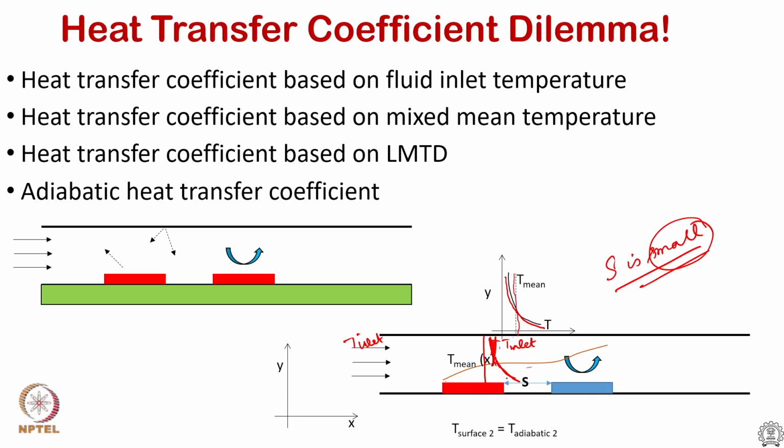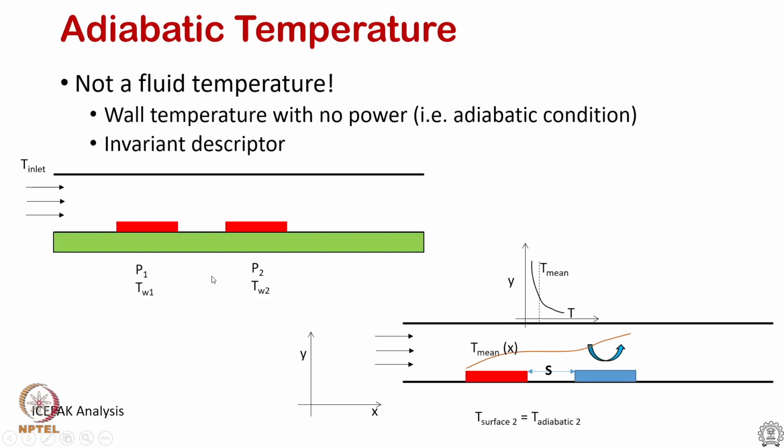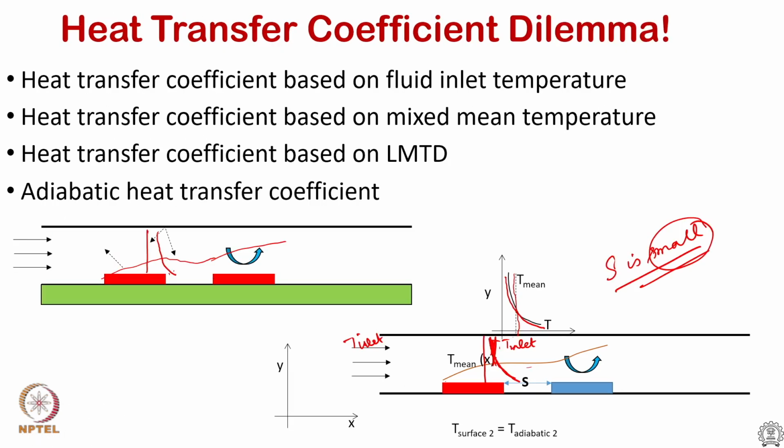Then this hot temperature, that is essentially this fellow, is going to, the same hot temperature is going to make contact with this inlet. So you are going to encounter a situation where this hot temperature becomes the inlet to the next heat source.